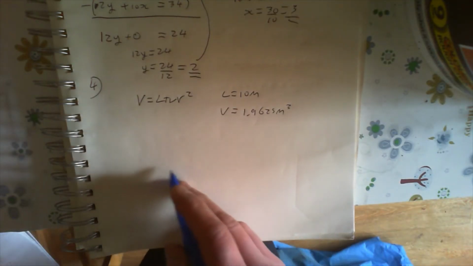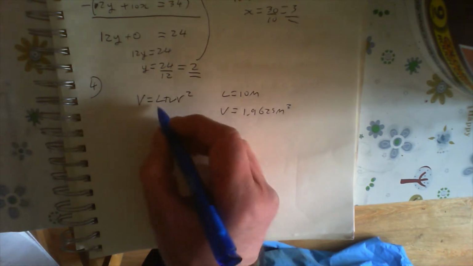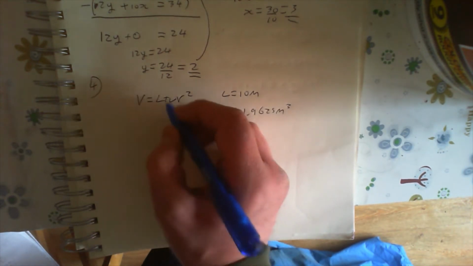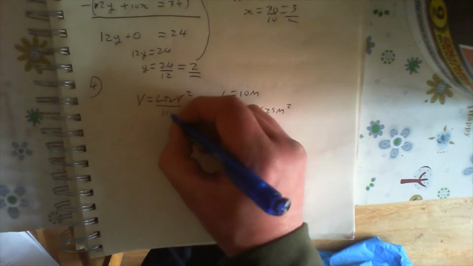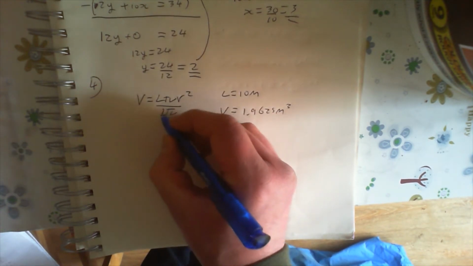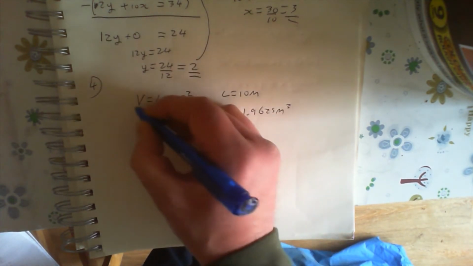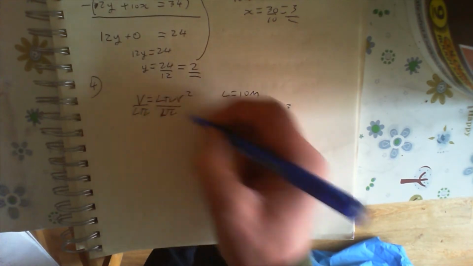So we look at this, and what you do to the left hand side you do to the right hand side. So we're going to divide this by L pi, the length times pi, and divide this side by the length times pi.